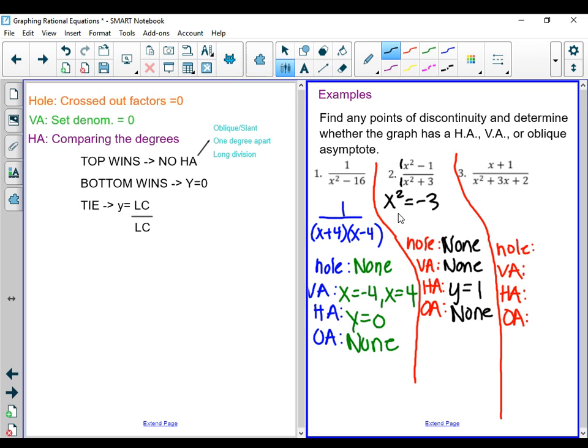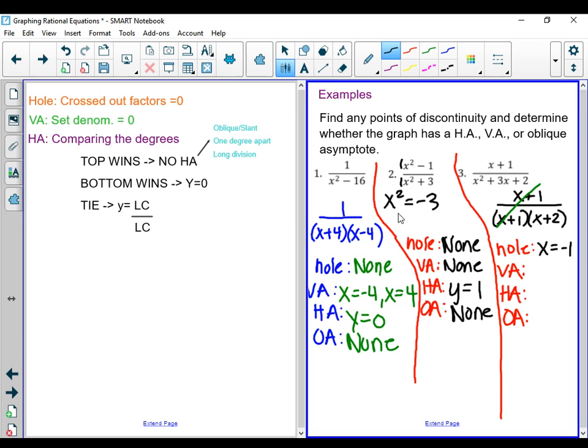Over here, I can factor my denominator. I get x plus 1 and x plus 2, which if I cross out my x plus 1s, that means I'm going to have a hole at x equals -1.